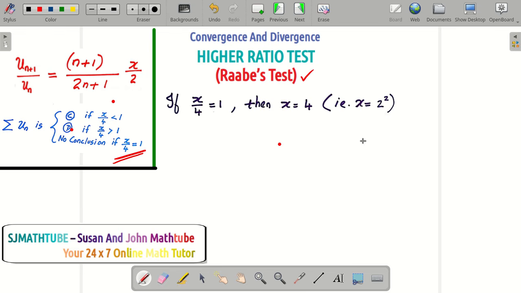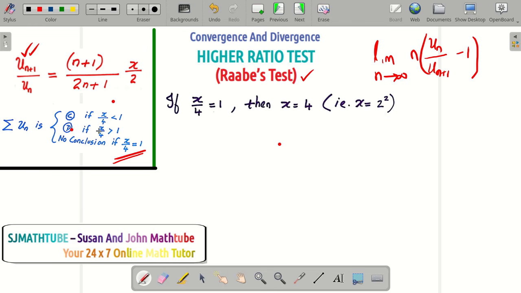And I hope you remember the criteria for Raabe's test. That is limit n tends to infinity n into (un by un plus 1 minus 1). So this is the criteria, and for that purpose I extracted un plus 1 by un from the previous steps.